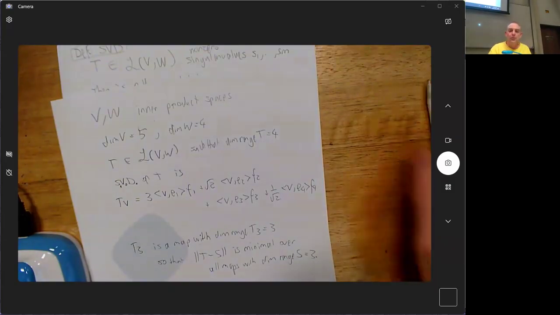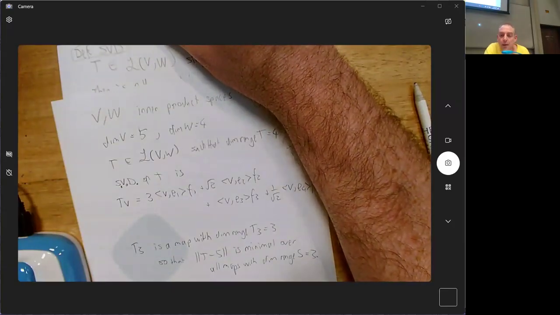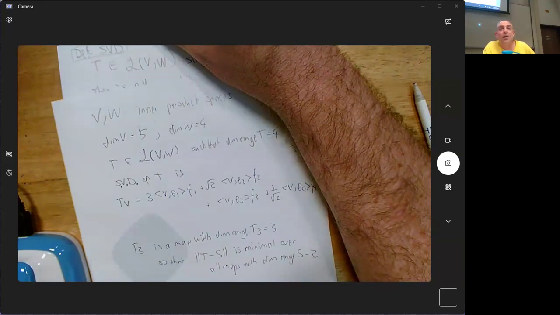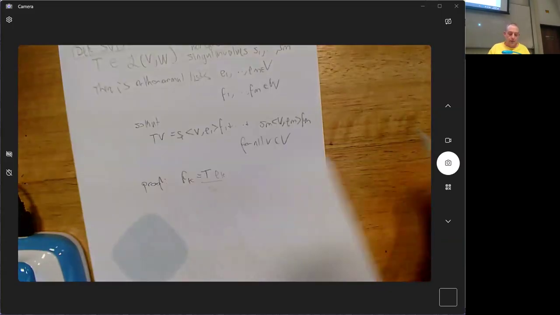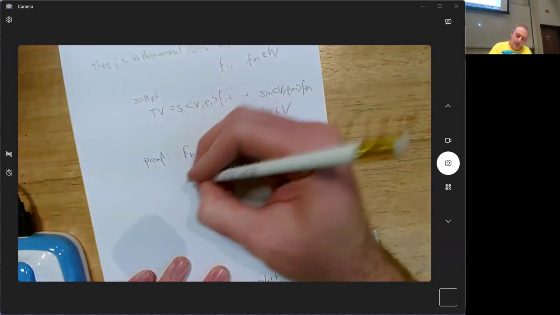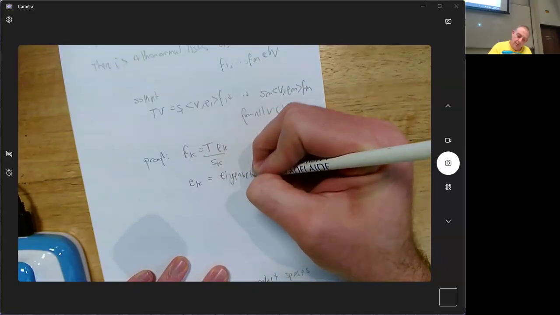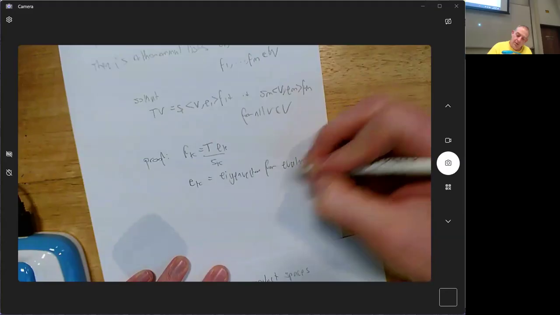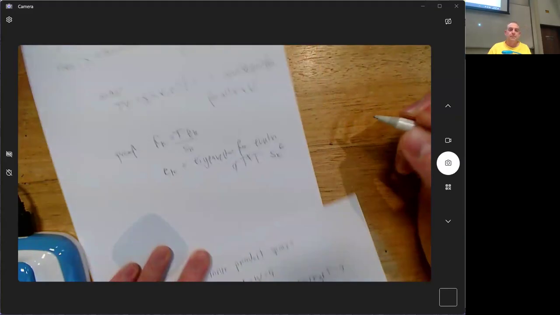Oh, can I go back to that proof and see where the E's came from? The E's were eigenvectors for T star T. EK is an eigenvector for an eigenvalue of T star T, which is SK squared.